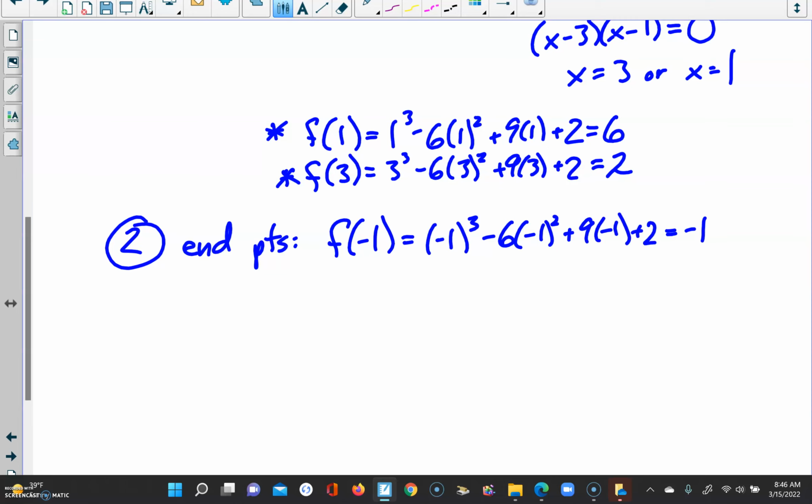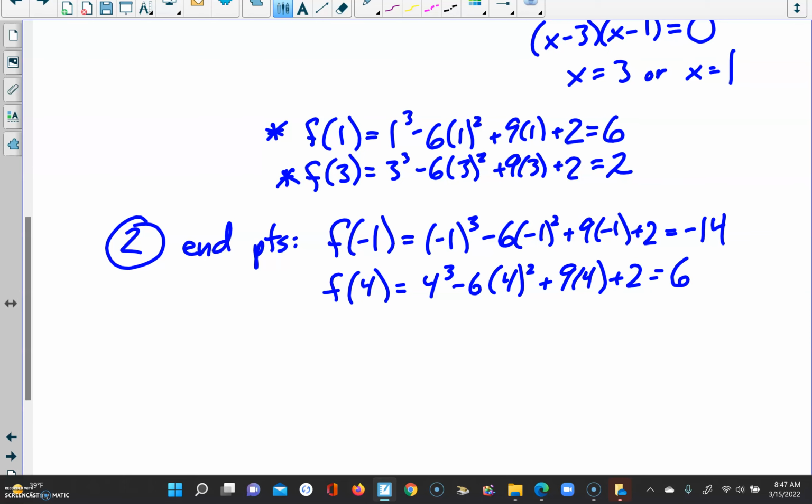Simplify all that, you get -14. And then f of 4, the other endpoint, we would get 4 cubed minus 6 times 4 squared plus 9 times 4, and then plus 2. You work all that out, you get 6.